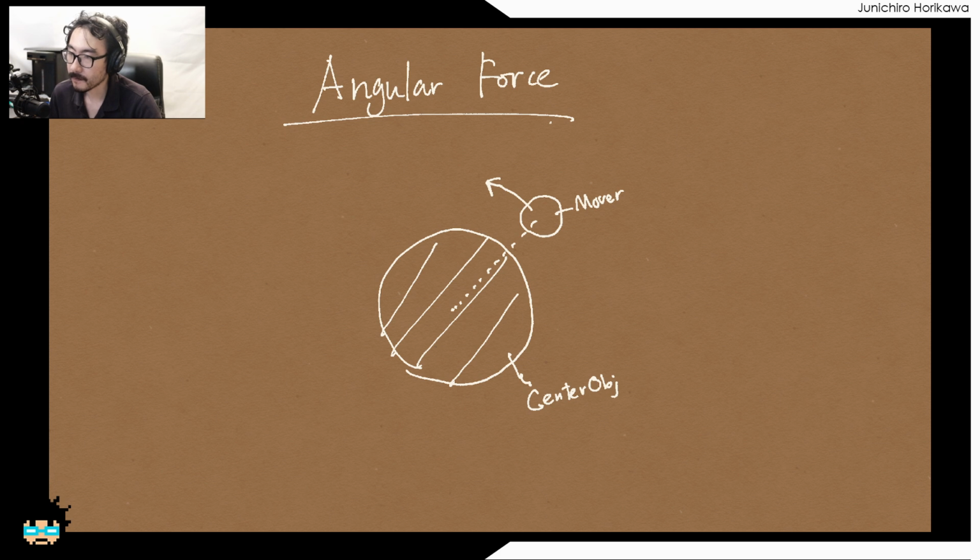Let's say we have two different objects. One is the mover, and one is the center object, and the mover wants to rotate around this center object.